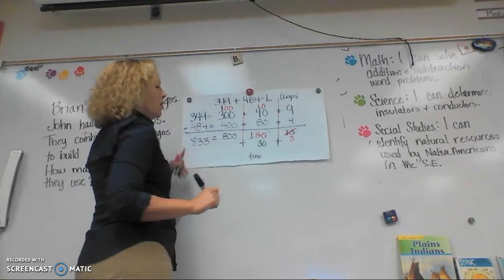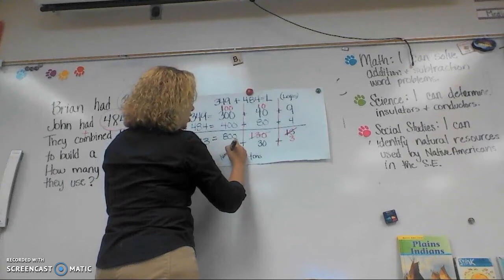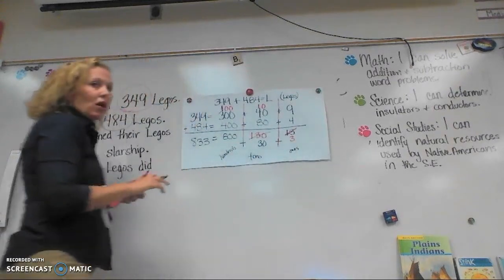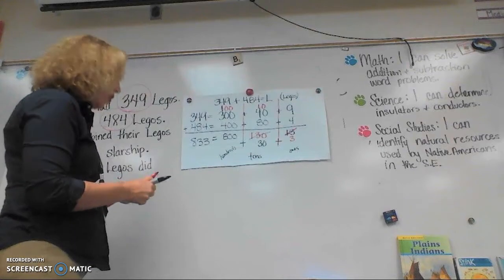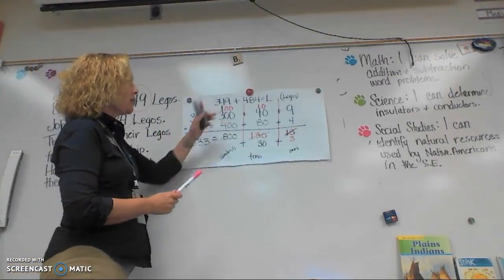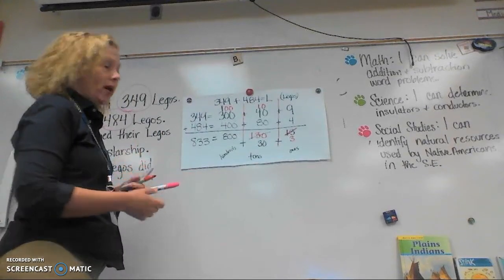833. Well, you might wonder, Miss Babalola, how do I know I'm right? Remember how we started our year with rounding and estimating? So we can estimate both of these addends to check and see if we are correct.